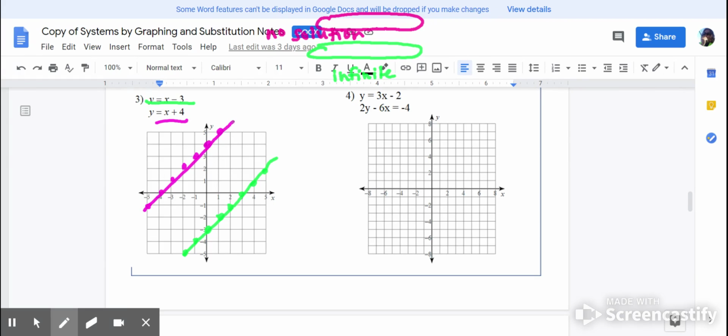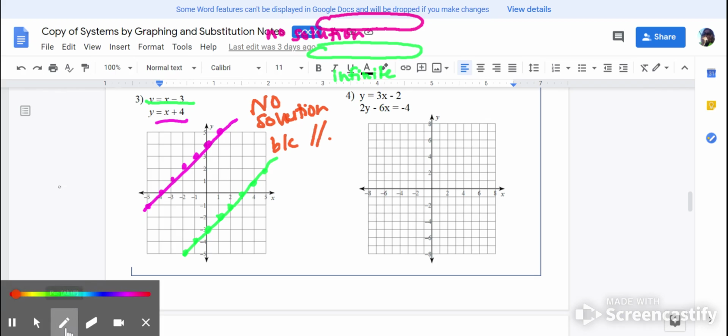If you notice here, that same slope, so the m equals 1 on both lines, my y-intercept is negative 3 and 4. Same slope, different y-intercepts. The answer to this will be no solution, and this is because they are parallel lines. So same slope, different y-intercepts.